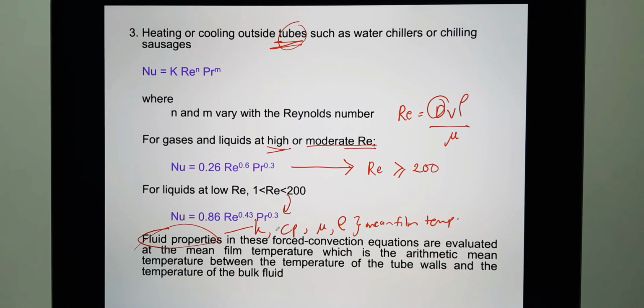Basically these values will be given to you, and this statement is just to inform you where these physical property values come from, so that you do not confuse yourself. So for me, it is not necessary for you to calculate the mean film temperature for the problem statement given to you, as the physical properties will be given. But if you go out and join the industry, then you need to do some calculations for these problems, and of course you need to know how to calculate the mean film temperature.